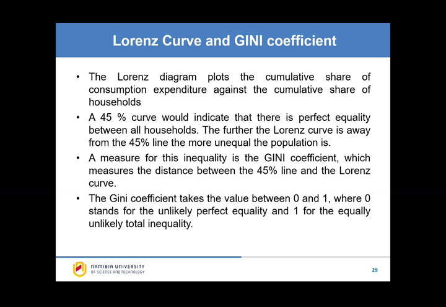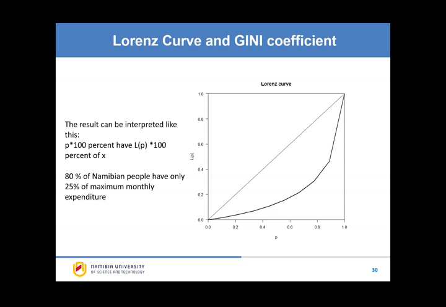Okay, this is more or less what we explained before, but again, we are going to explain it fully with the case of Namibia. So imagine we have in the y-axis this L of P, which is a function of the population P. In that case, it can be the money, the financial resources owned by the population. What is this curve basically indicating to us?